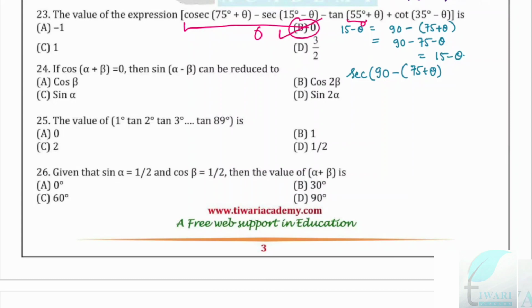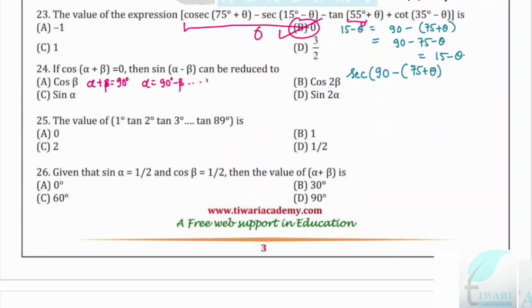So what we get here is alpha plus beta is equal to 90 degrees. So we can write that alpha is equal to 90 degrees minus beta.